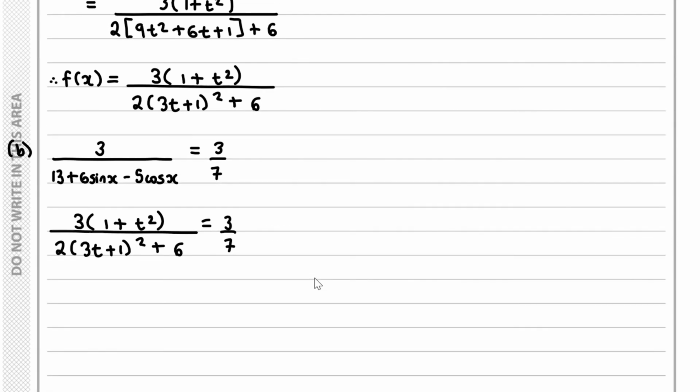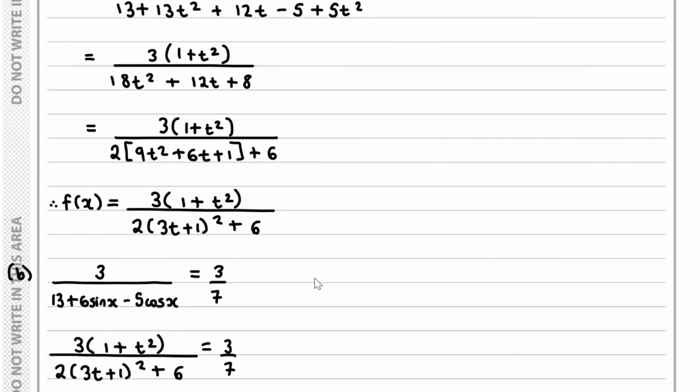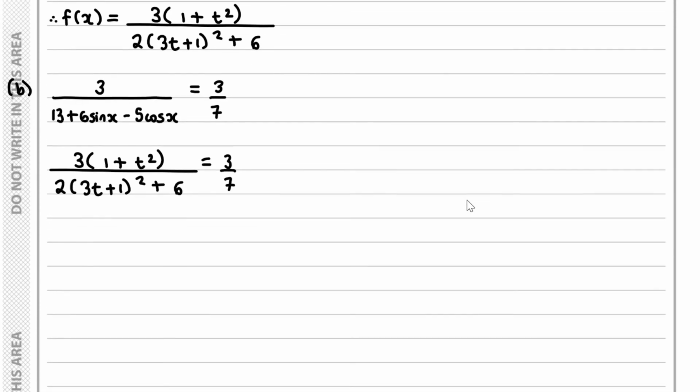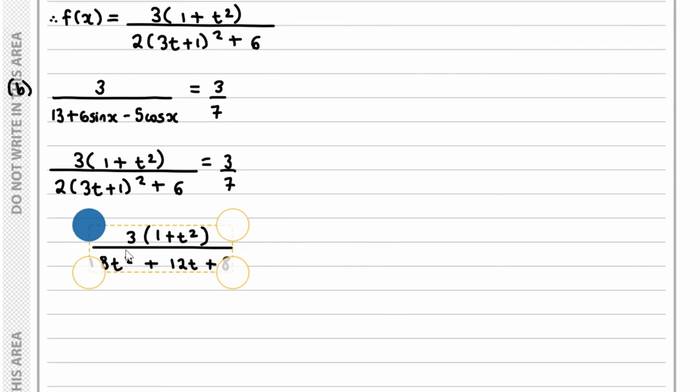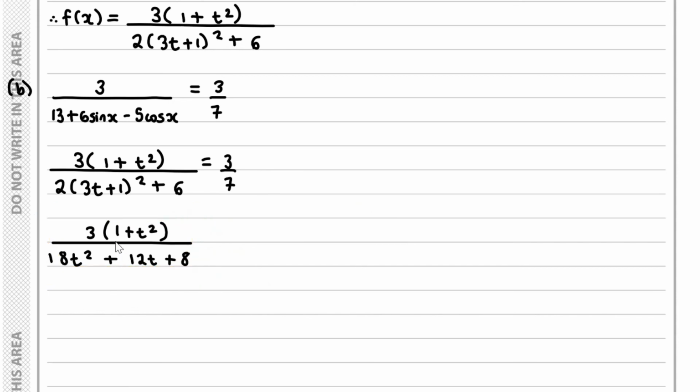So if we rewrite this result here using the result we found here, that makes things a bit easier. So we have over here 3 lots of 1 plus t squared over 18t squared plus 12t plus 8, which is this here, and this will equal 3 over 7.